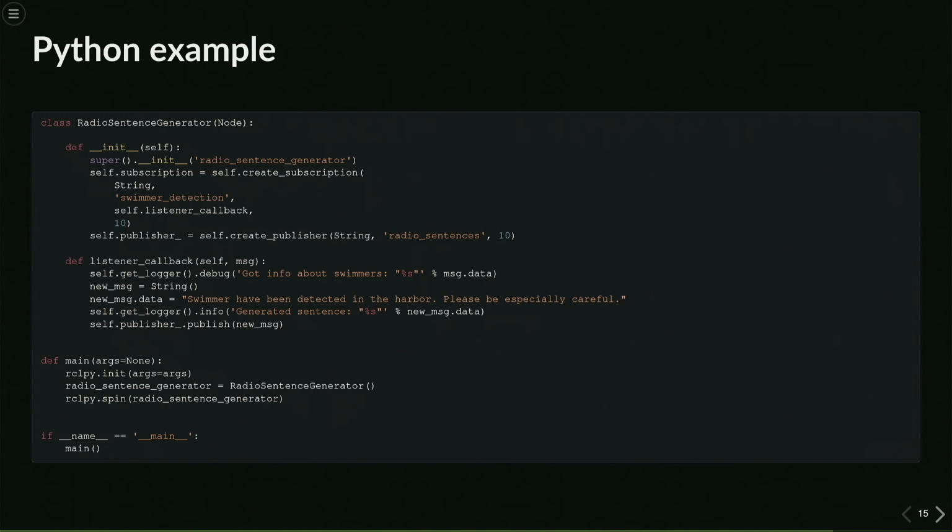And it's not a lot of code, because all the heavy lifting, so the communication with the backend that talks to the other nodes, is abstracted away, and you just say, okay, call this function if you received a new message on this topic, and you say, okay, publish this message to the topic, and there's a bit of logging, like, okay, I will now log a debug message, I will log an info message, and things like that.